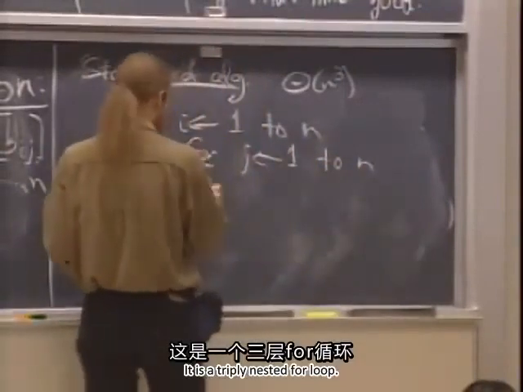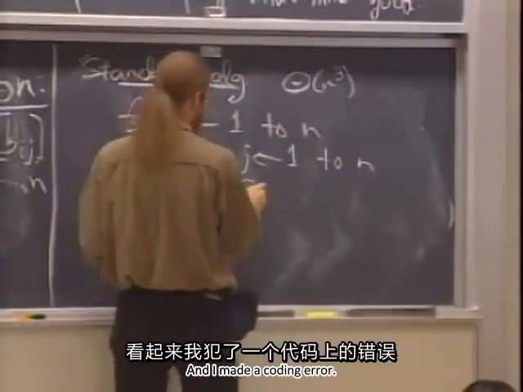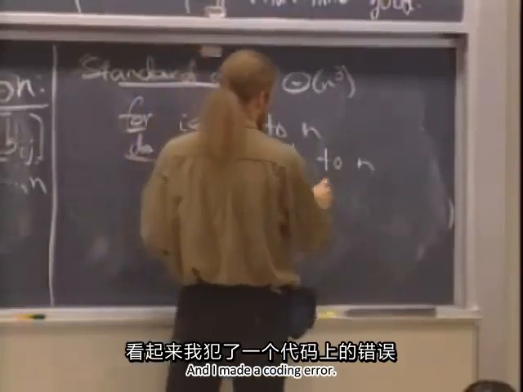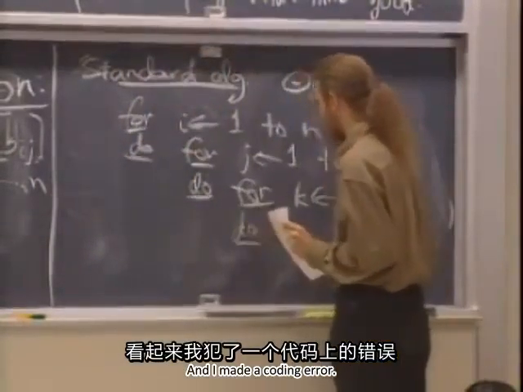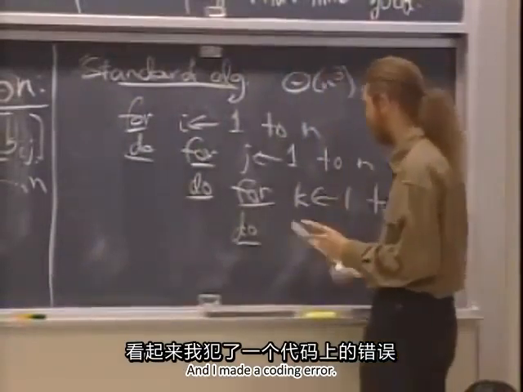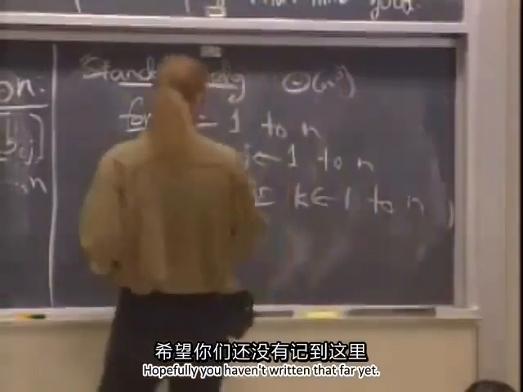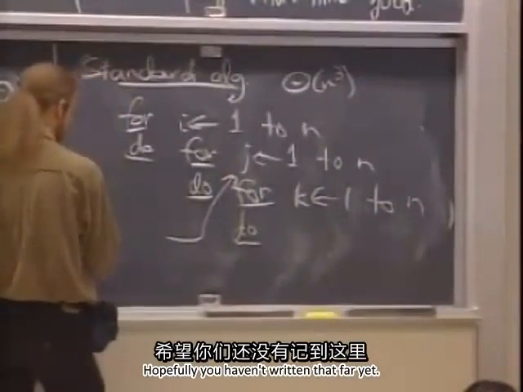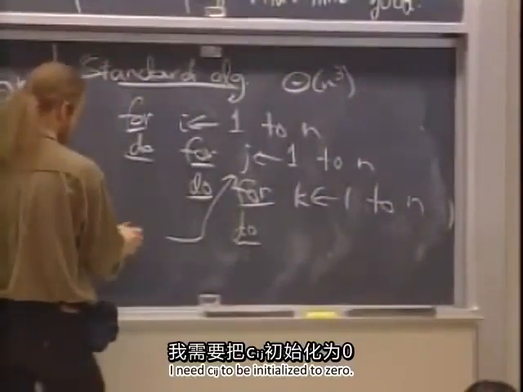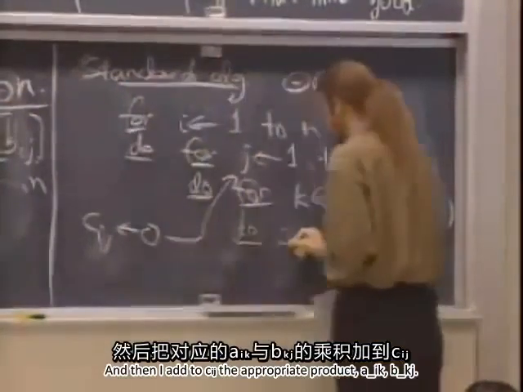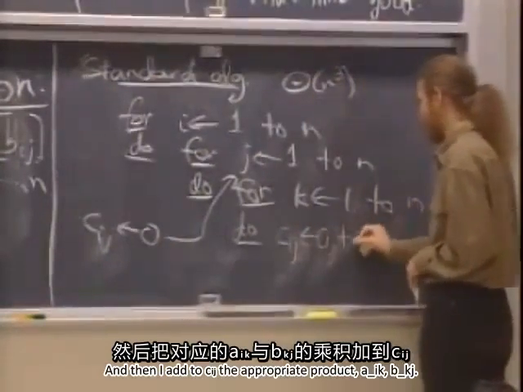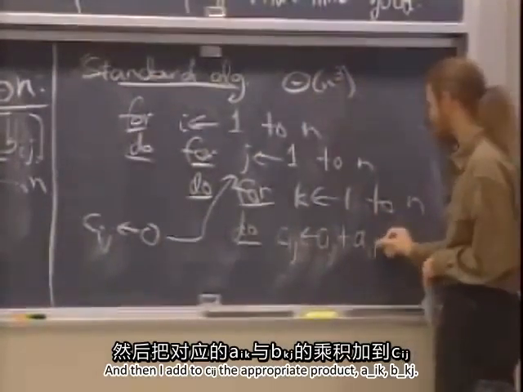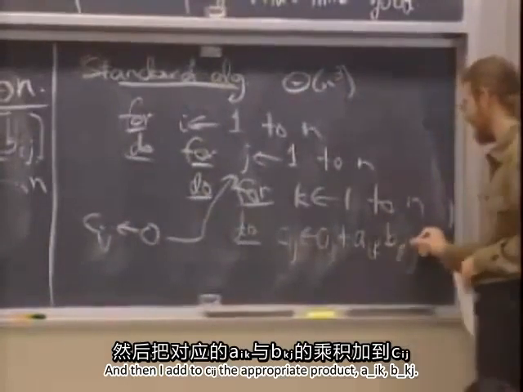So it's a triply nested for loop. And I made a coding error. So in here, hopefully you haven't written that far yet. I need c_ij to be initialized to 0, and then I add to c_ij the appropriate product, a_ik times b_kj.